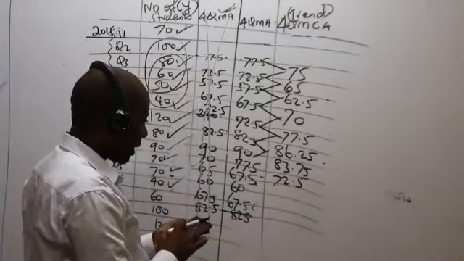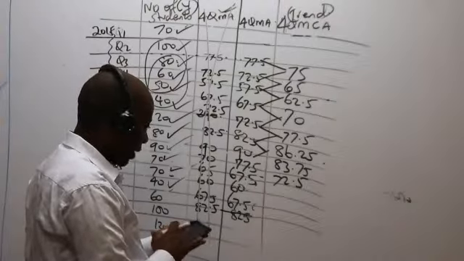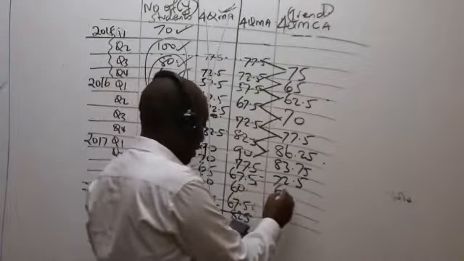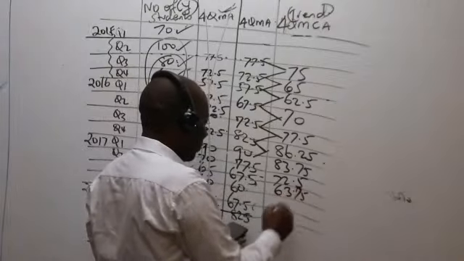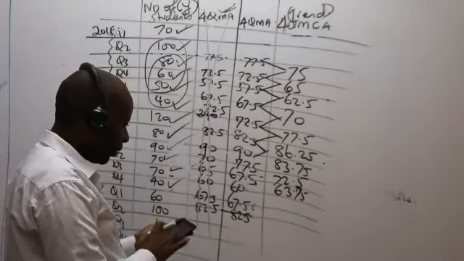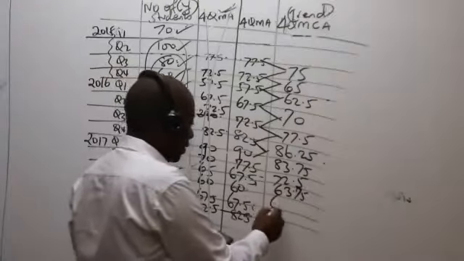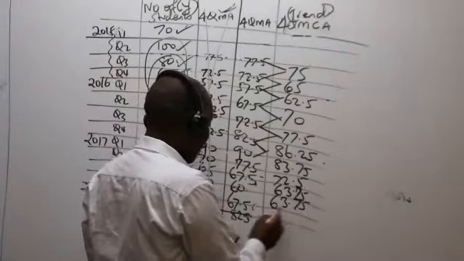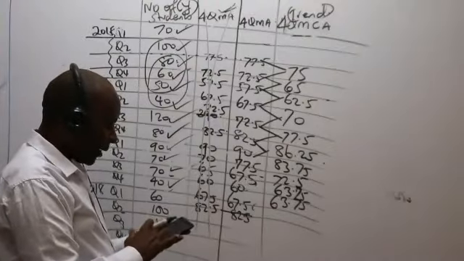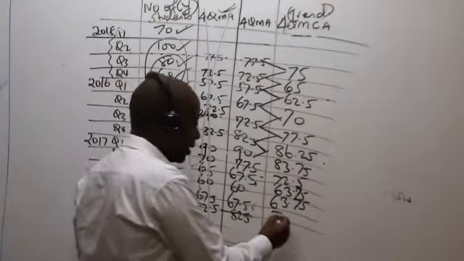Then we have 67.5 plus 60 divided by 2, which gives me 63.75. Then we have 60 plus 67.5 divided by 2, which gives me 63.75. Then lastly, we have 67.5 plus 82.5 divided by 2, which gives me 75.